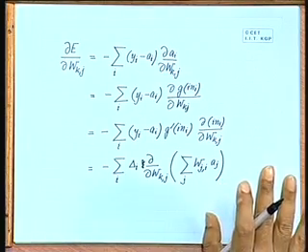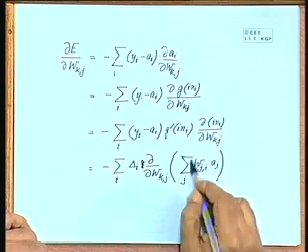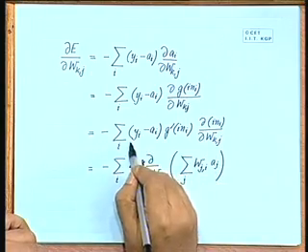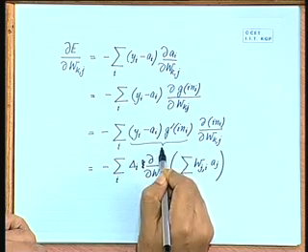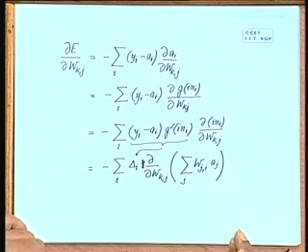This is clear. This is just rewriting in_i as the sigma over this and then taking this term and calling it delta_i, that is all.